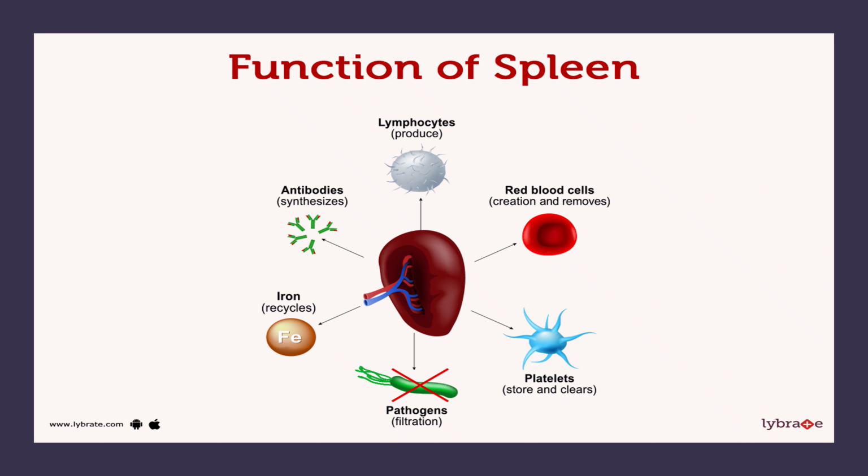The spleen, and they're talking about the function of the spleen. So the spleen, we know, is the white pulp, the lymphoid tissue, immune surveillance, and the red pulp filters aged red blood cells and stores platelets.